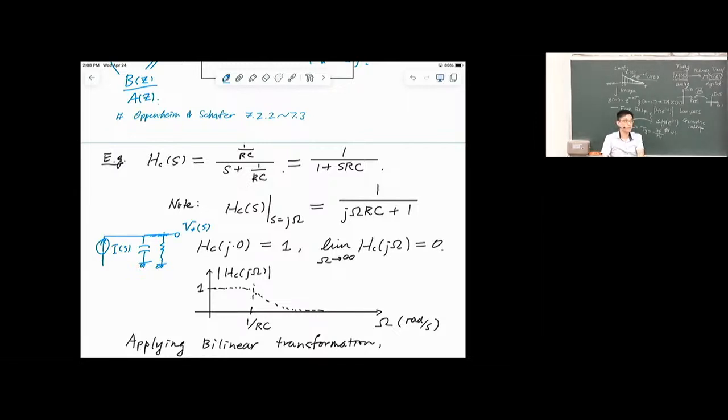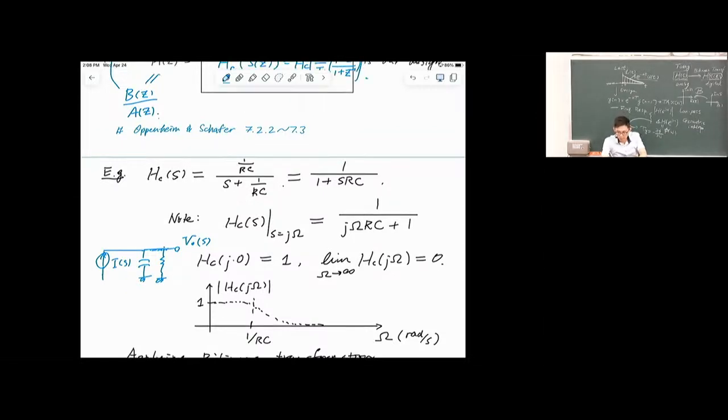So that's our system, and we know that with some simple algebra, we have the following transfer function or system function. Same example, and the system function can be expressed like that.